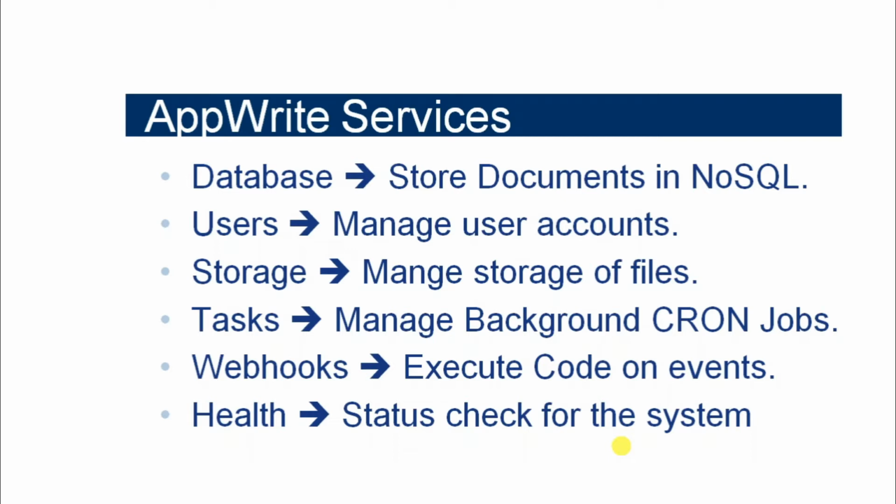Webhooks are basically URLs which get invoked when a CRUD operation takes place on the database, users and storage services. So you need to pass an API URL to invoke that. We will have a look into that in today's session.